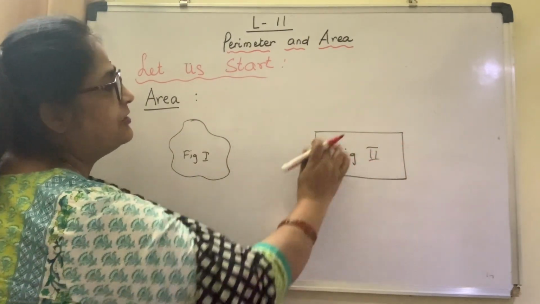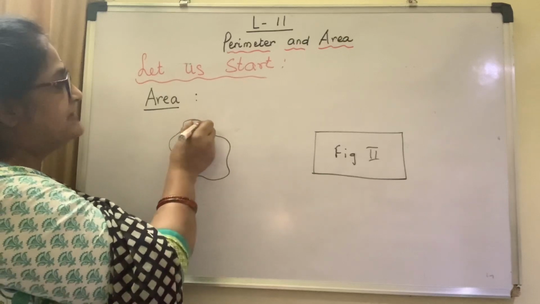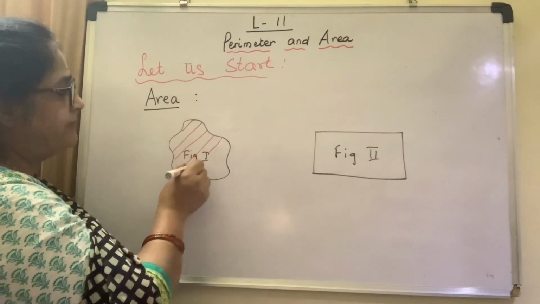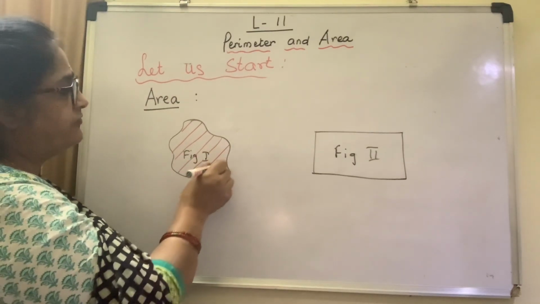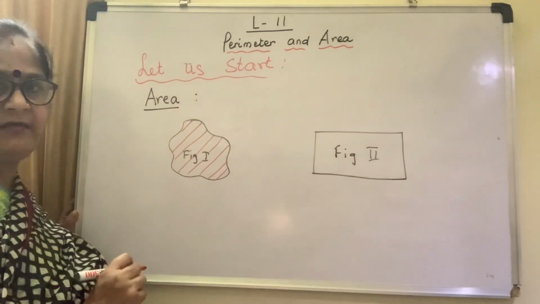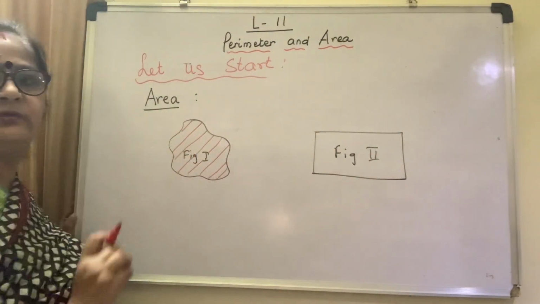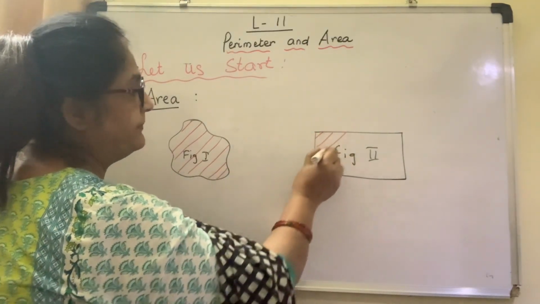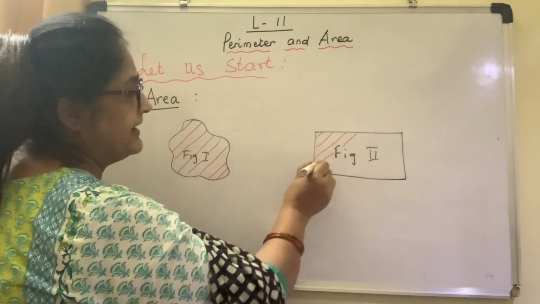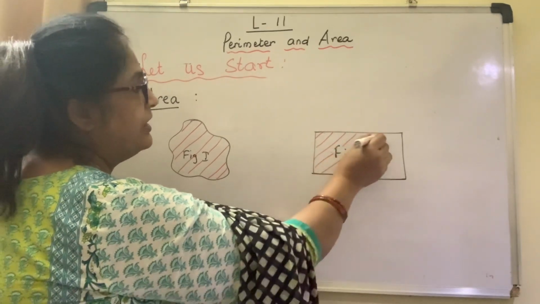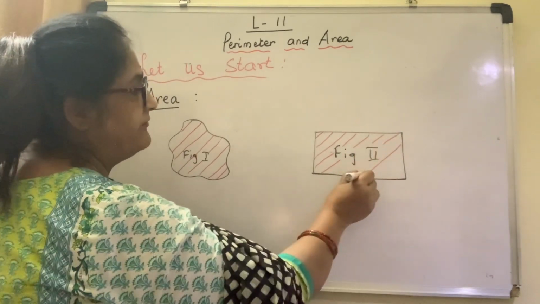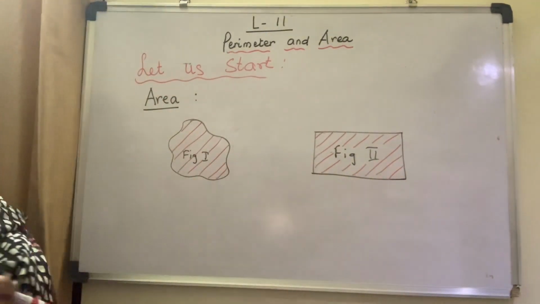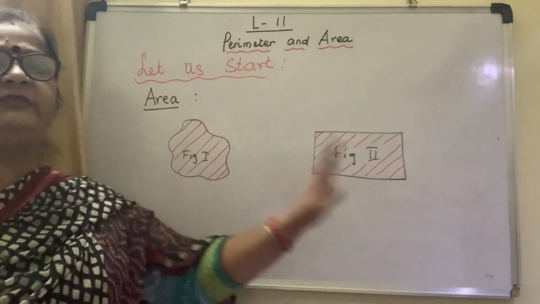So whatever space is there in the interior of the boundary, that space is known as the area. Interior means inside. Inside the boundary, the space that you have is the area of that figure.